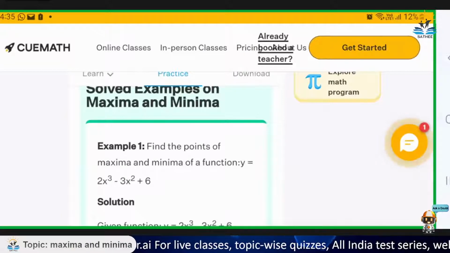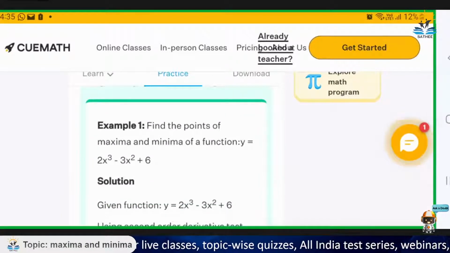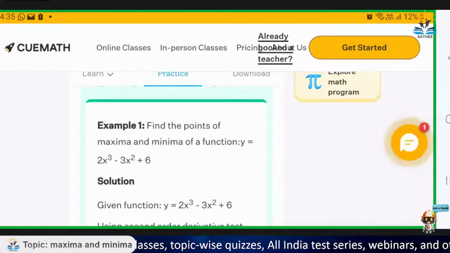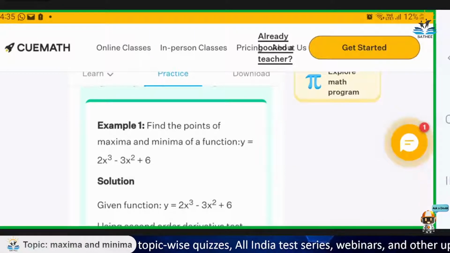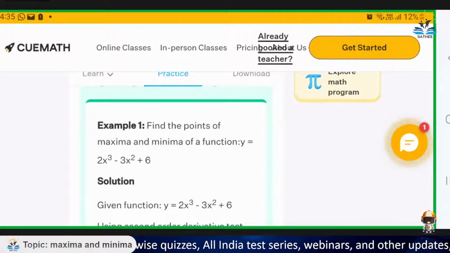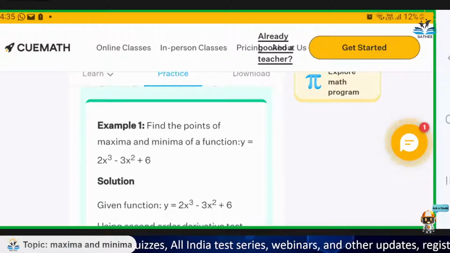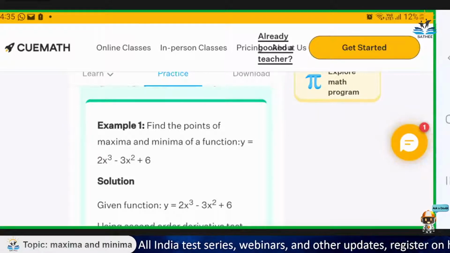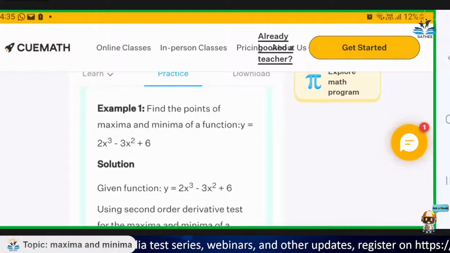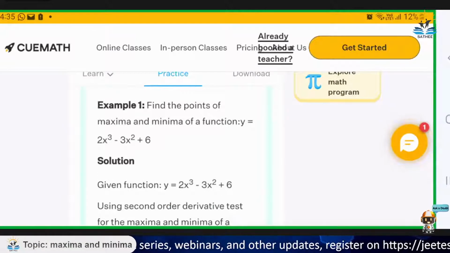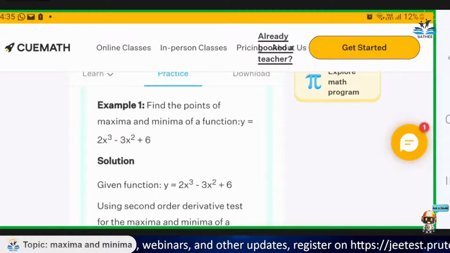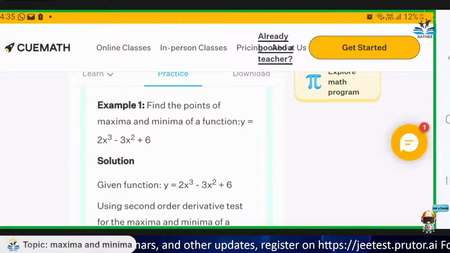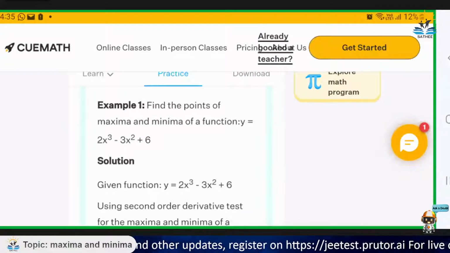So there would be no absolute maxima or minima. The value of absolute maximum and minimum would not be defined, but surely there would be local maxima and minima, where local maxima comes at the point x is equal to 0, and the value of local minima is 5 when we substitute the value x is equal to 1 here.